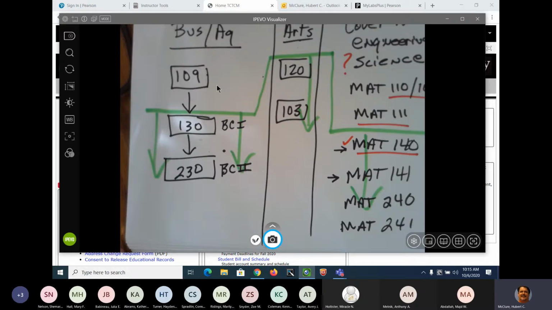If you are not sure, if there's any doubt what your major is going to be in the future, then I would suggest taking the 111 next semester and taking my 140 in the summer, because I teach it every summer. And if you decide you want to quit and go to the art side, then you take these two classes and you'll be done with math.